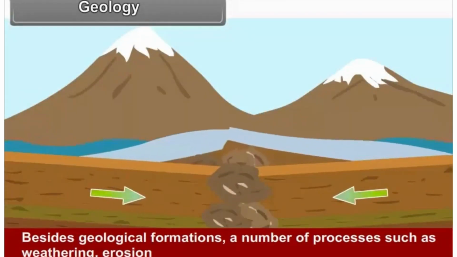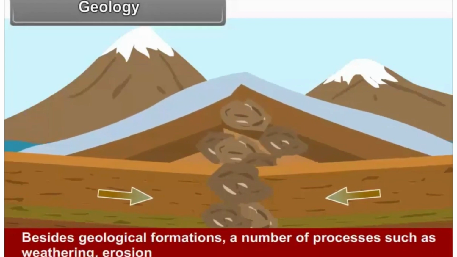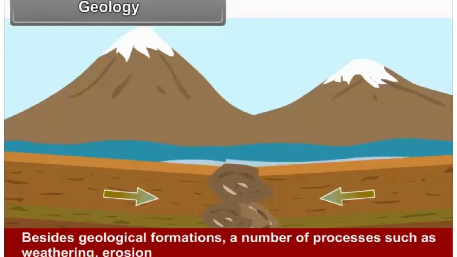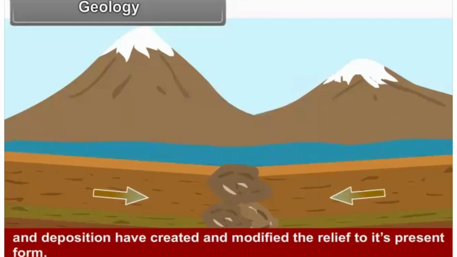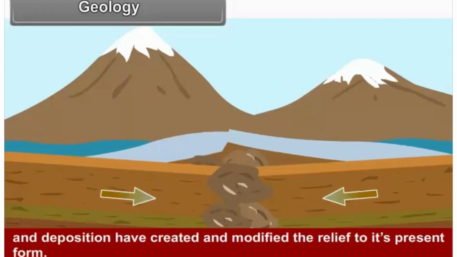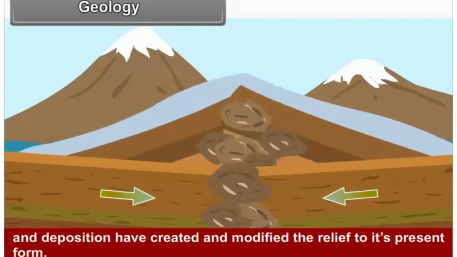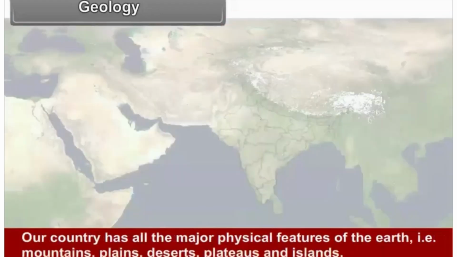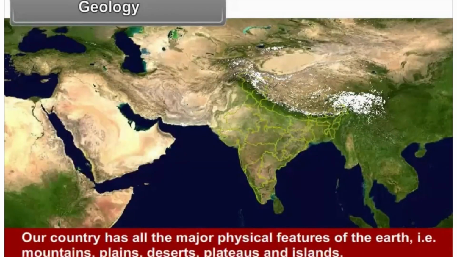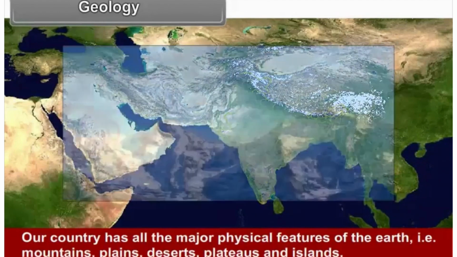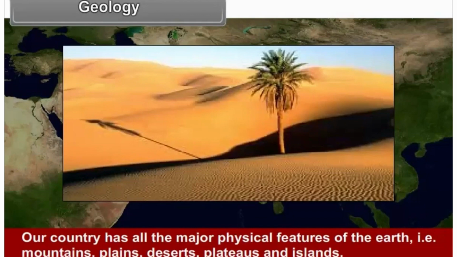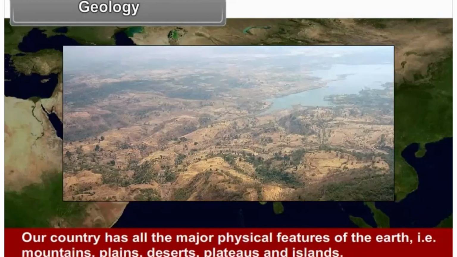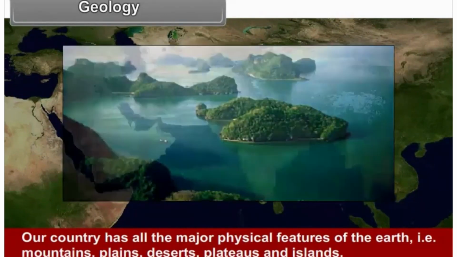Besides geological formations, a number of processes such as weathering, erosion, and deposition have created and modified the relief to its present form. Our country has all the major physical features of the earth, that is, mountains, plains, deserts, plateaus, and islands.